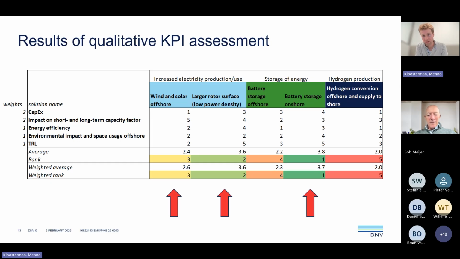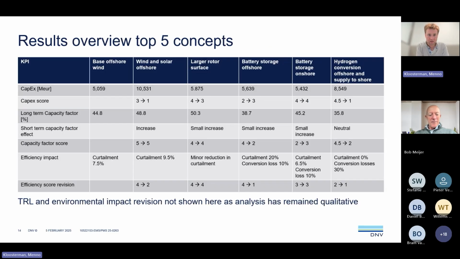So, and maybe that's on the next slide here, we did see some quite big changes in some of the scores that we initially assigned to certain concepts. For example, the hydrogen concept on the CAPEX, we gave it a pretty high score initially, and we found that this is a very expensive concept, and the same holds for wind and solar offshore.